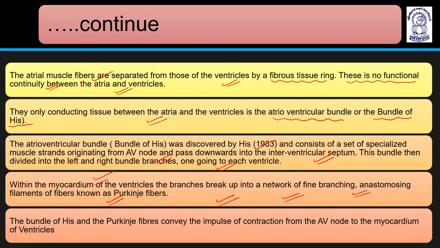Now, bundle of His and Purkinje fibers convey the impulse of conduction from the AV node to the myocardium of ventricles. So the myocardial wall of ventricles basically receives the impulse of contraction, relaxation, a wave of rhythm, because of this bundle of His and Purkinje fibers. Okay, is that clear?